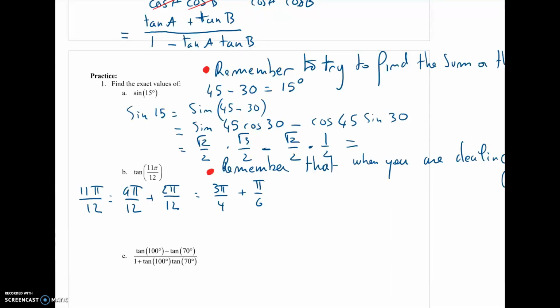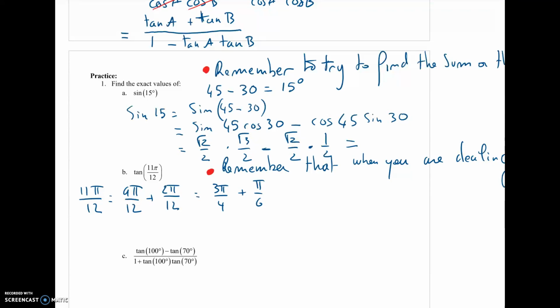Therefore, 9π/12 plus 2π/12 give you, when you simplify these two fractions, 3π/4 plus π/6. And so you will just have to apply the formula that we just gave a proof of above, and you will be able to find the answer of tan(11π/12).